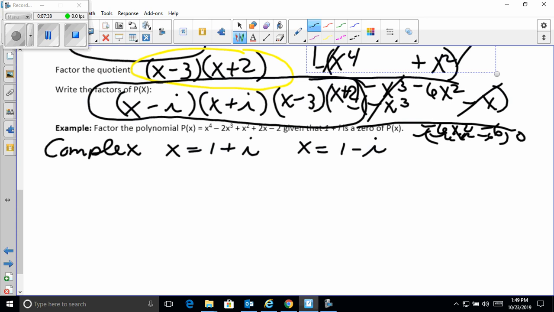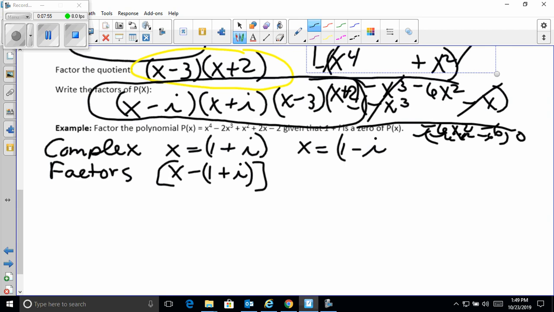So what are our factors then? Factors from these. One of our factors will be x minus this. So x minus (1 plus i) is one factor. And the other factor is x minus that. So x minus (1 minus i) is the other factor.